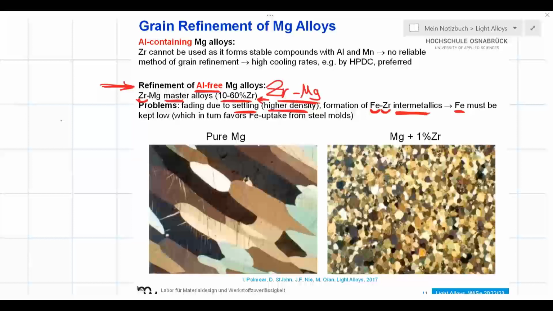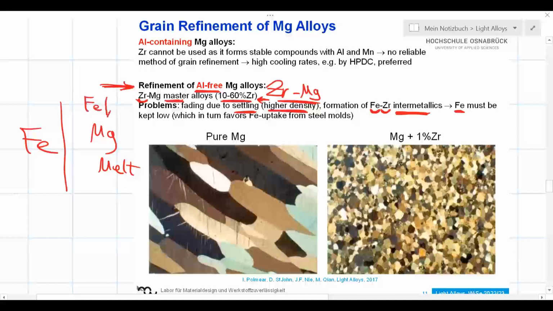And if magnesium melt doesn't have any iron, it tends to absorb iron from the die. It comes into contact with the surface of die. Die is out of steel. And here we got magnesium melt. And magnesium melt could be thirsty for iron. If it has a very low iron content, it means that it still has some capacity for iron. It tends to absorb iron from the surface of the mold, right? So this could also cause problems. Normally, magnesium alloys have enough iron to make sure that iron from the die material does not want to get dissolved in magnesium melt.